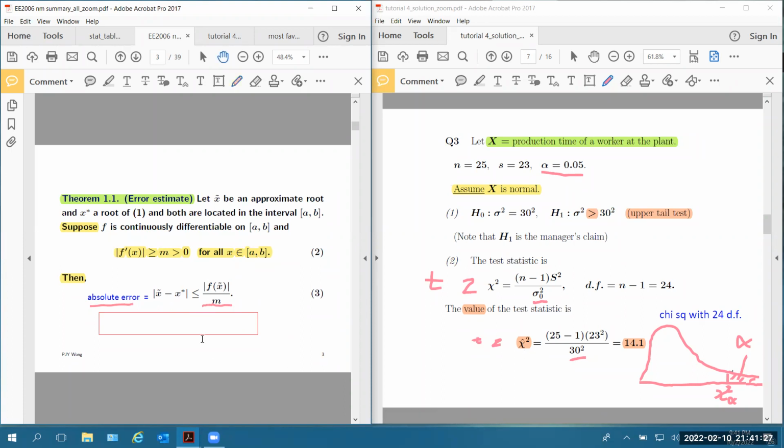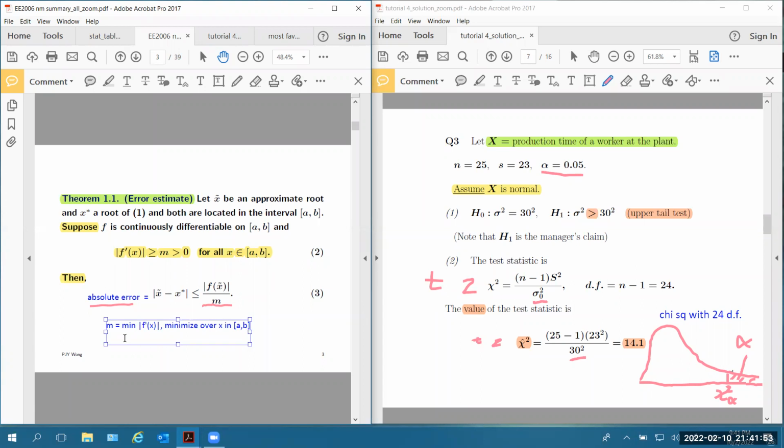Now about the m here. What is this m? When you say the absolute value of f prime x is greater than or equal to m for all the x here, your m is like the minimum of the absolute value of f prime, minimized over all the x in [a, b].